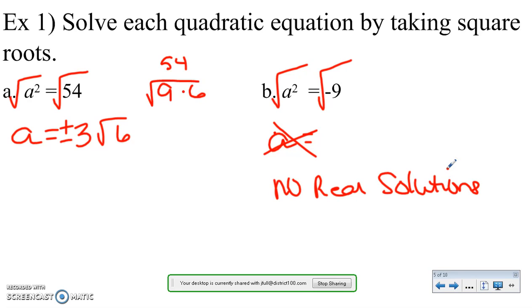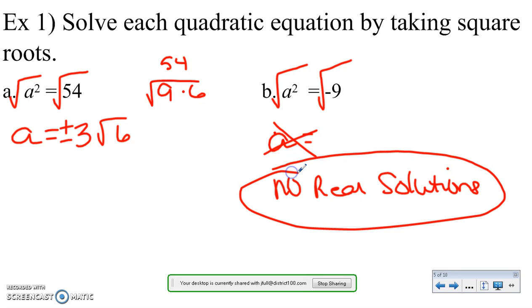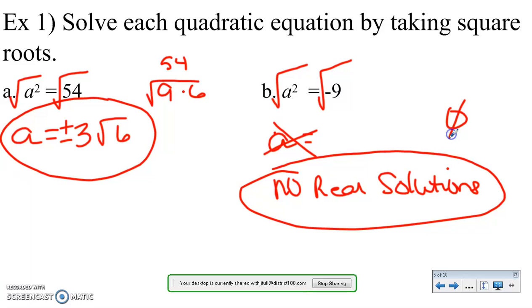Okay? In Algebra 2, you will actually build on that and learn how to use something called imaginary numbers. In Algebra 2, you'll actually be able to solve this problem with those imaginary numbers, but for now, we're just going to write no real solutions. You could also write your empty set symbol.